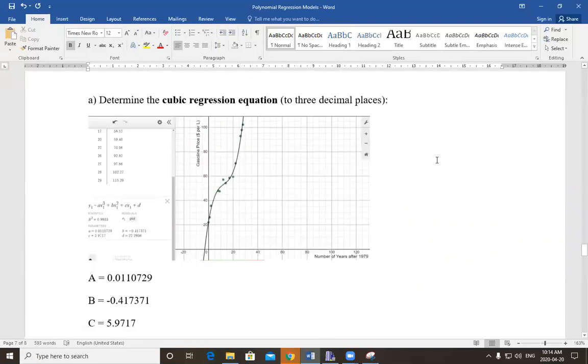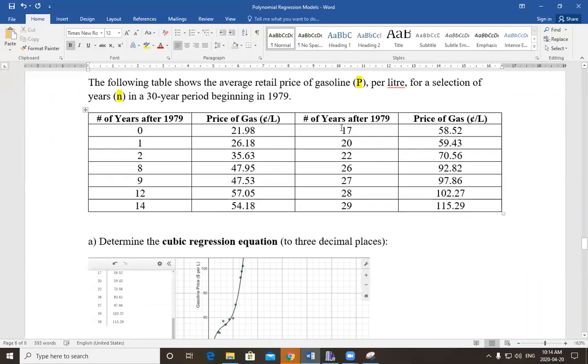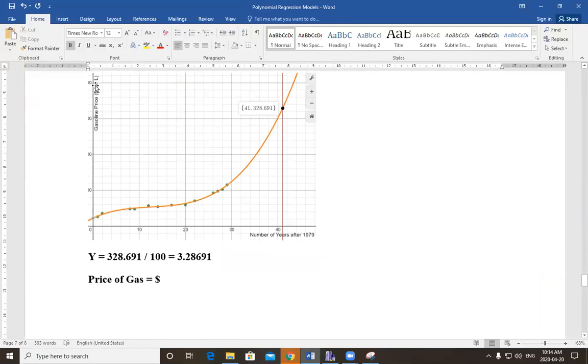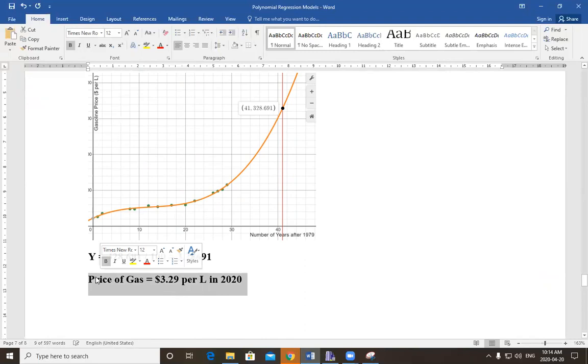I think it was dollars per liter or cents? Oh yeah, it was cents. So that's my mistake. That should be cents per liter. I'm not going to change the graph, but that should be cents. So dollars then would be $3.29 per liter in 2020. And so that's what the model is telling us.